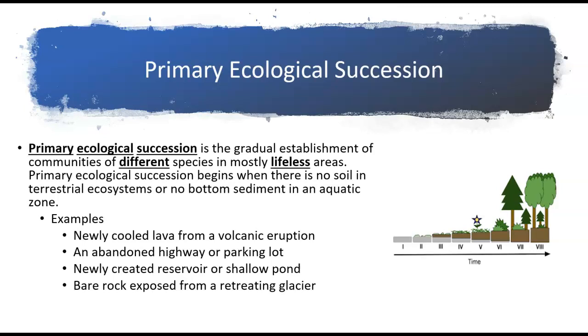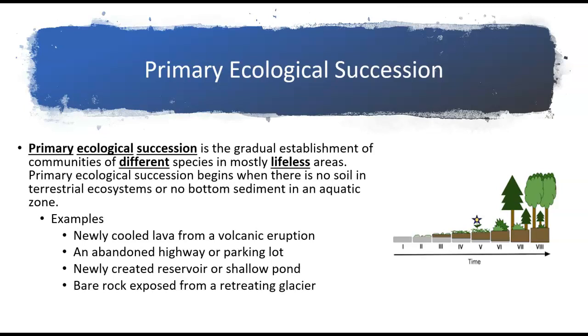An abandoned highway or a parking lot, some newly created reservoir or shallow pond, bare rock exposed from maybe a retreating glacier. What you can see over here in our picture is that over a period of time, we start with bare rock, and with primary succession, we eventually progress over a period of time to a climax community.